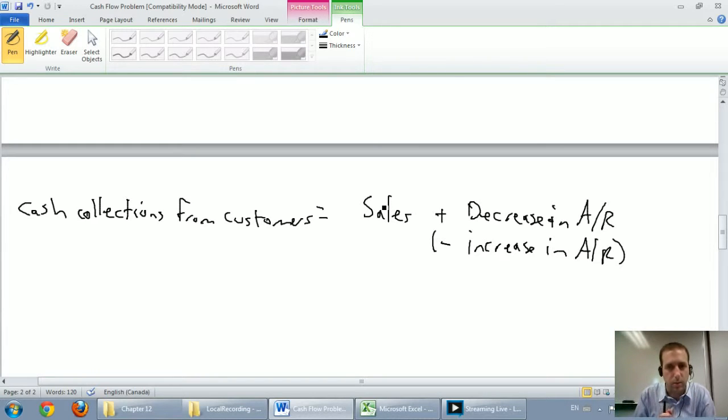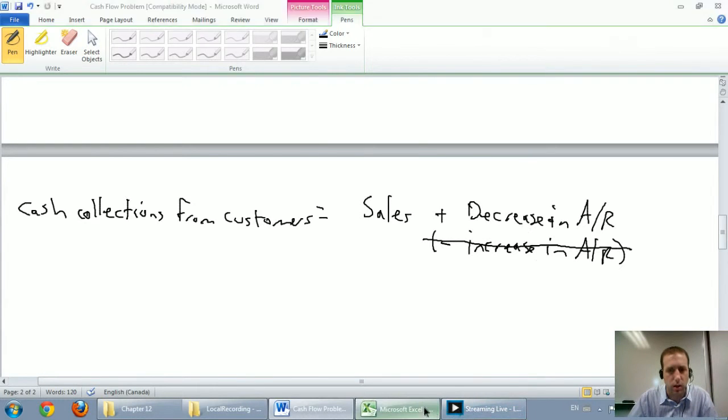It means I'm not collecting my AR. So if AR increases, that's bad for my cash. If AR goes down, it means I'm collecting money, so it's good for my cash. You shouldn't have to put minus increase in AR. As soon as you put sales plus decrease in AR, the minus increase in AR should be obvious, right? It's just do the opposite if you have an increase.